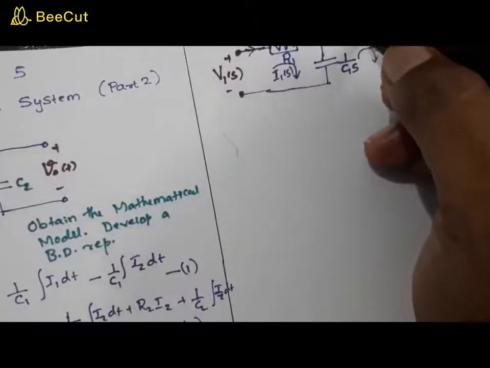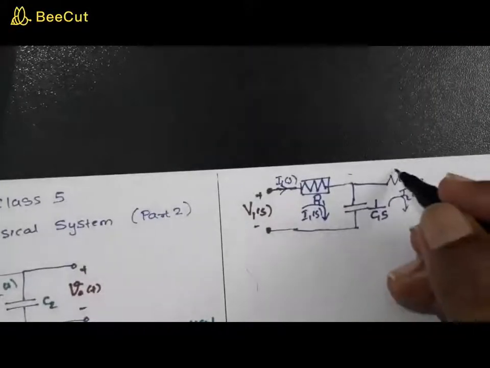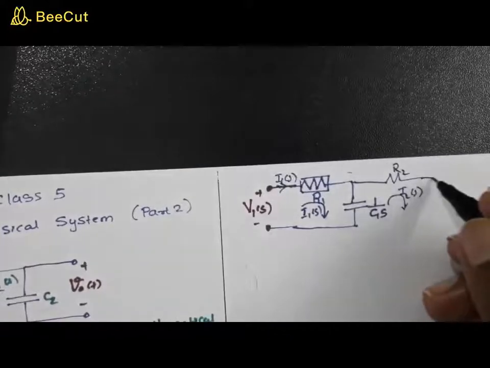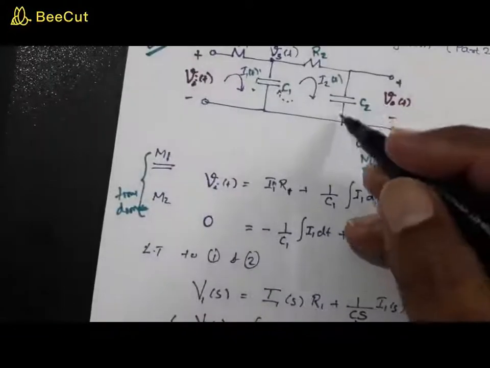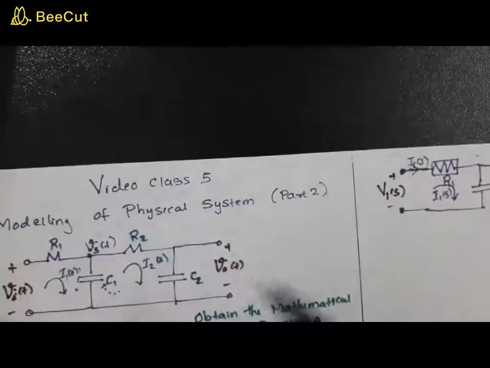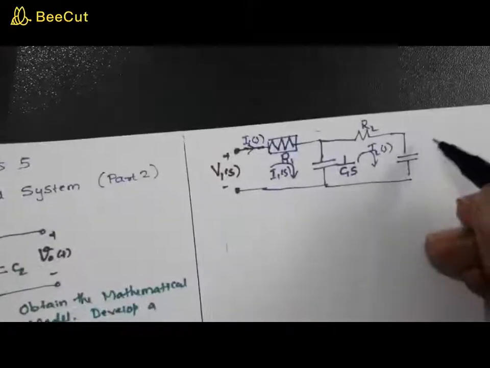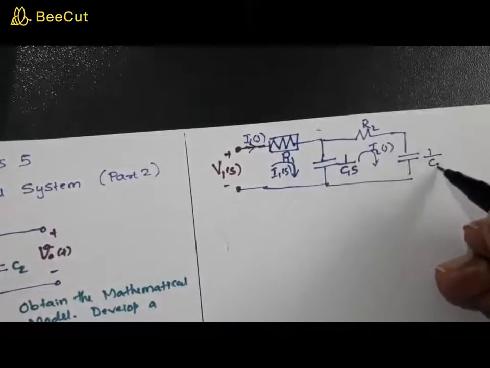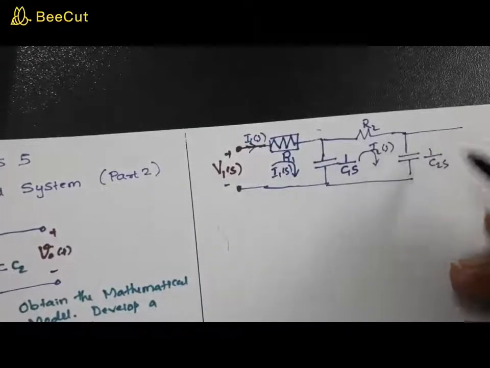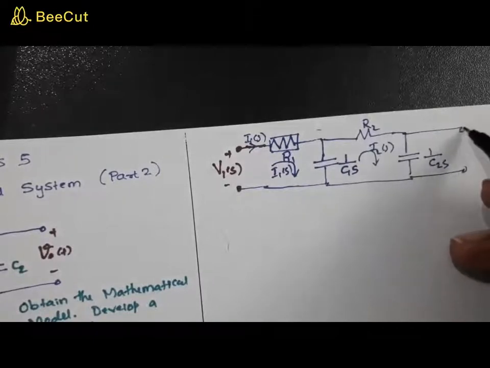So what must be that? That is R2, then next the C2 will be replaced by 1 by SC2. Hope you understood this. 1 by C2s, and the output we call V0 of s.